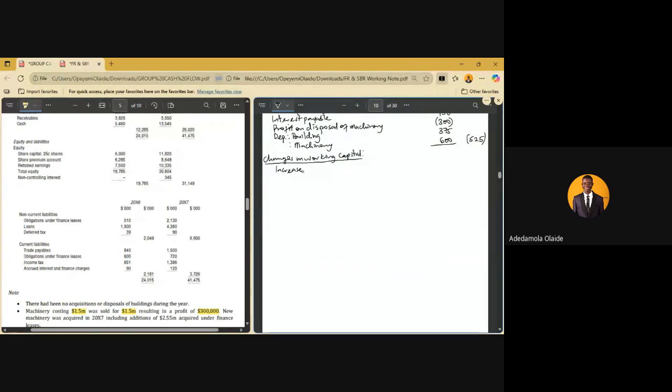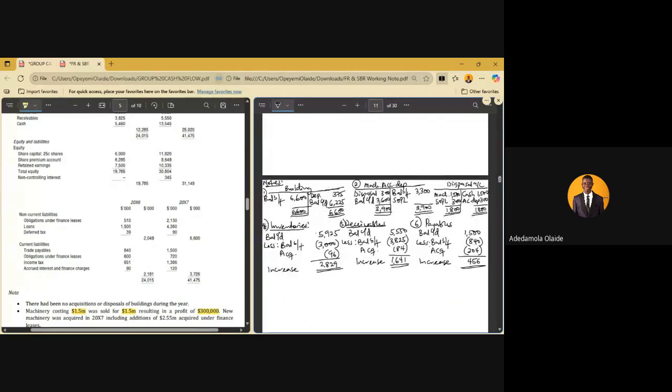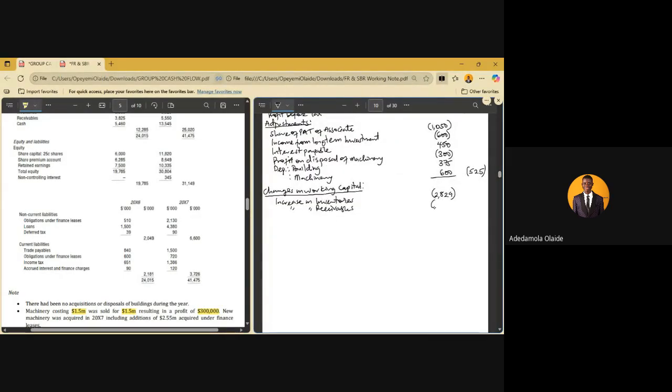Increase in inventories 2829, outflow. Increase in receivables 1641, outflow. Increase in payables 456, inflow.